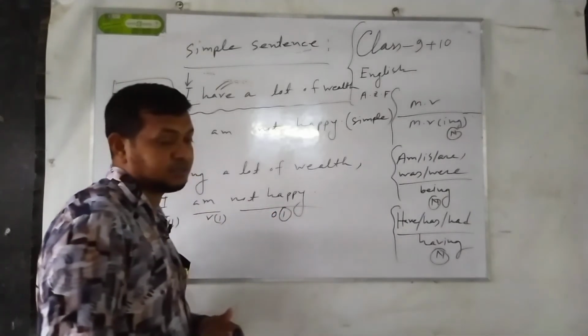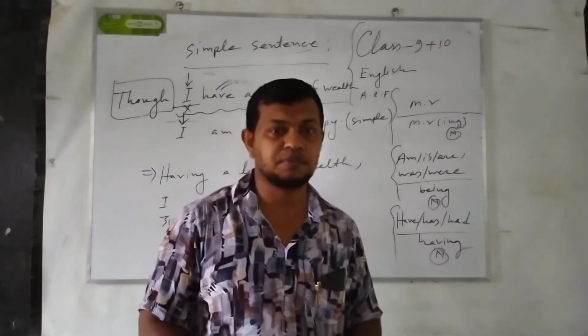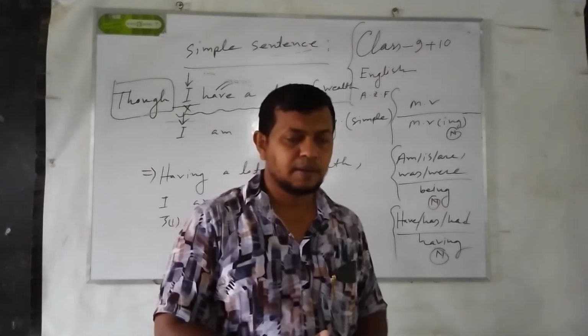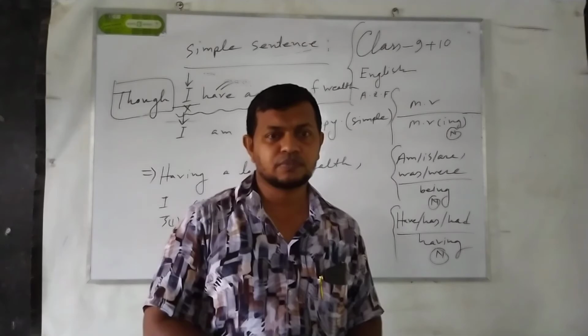So, this is called a simple sentence. So, a simple sentence has purely one sentence: subject, verb, object. There is a lot of thinking about that. I am trying to help you all understand.